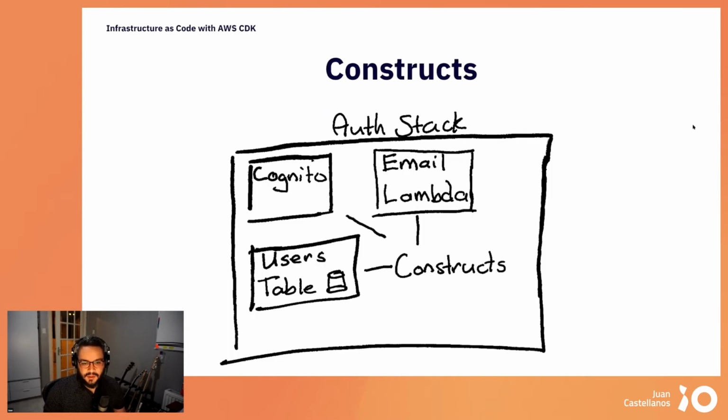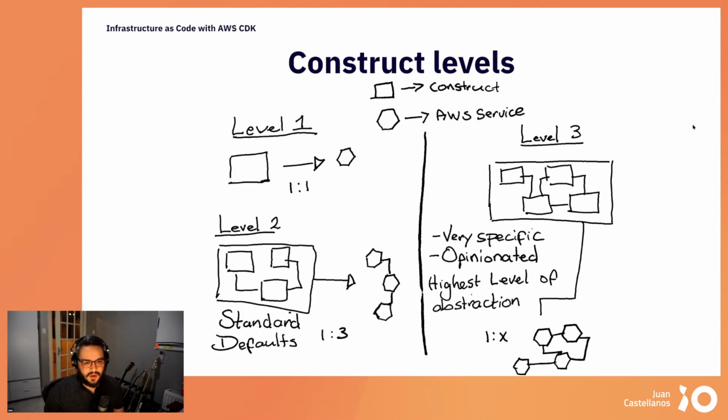Then we have constructs, and constructs are the basic building blocks of AWS CDK. They represent a resource or more resources depending on the levels. And this is where we get to the levels of constructs.